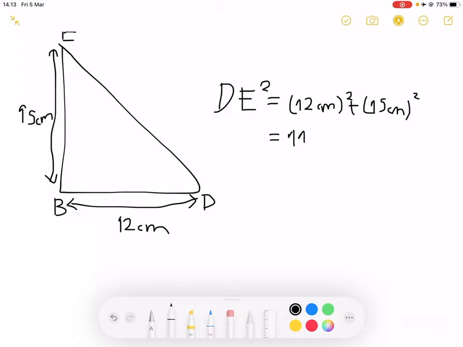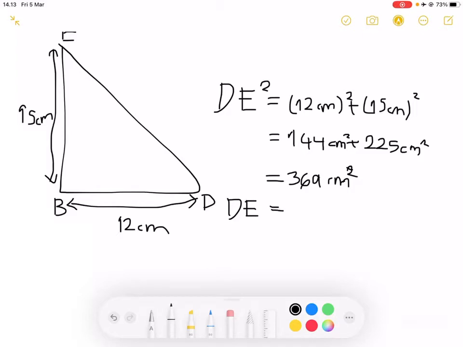This will be 144 centimeters squared plus 225 centimeters squared. This will be 369 centimeters squared. That means DE will be the square root of 369 centimeters.